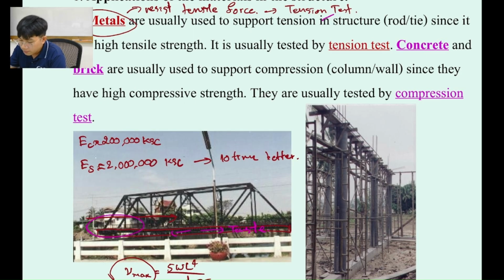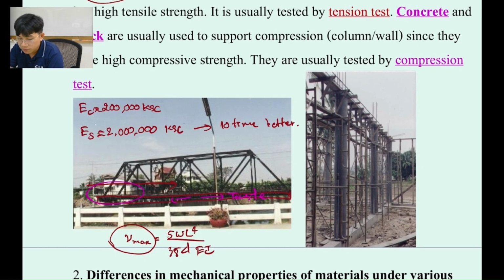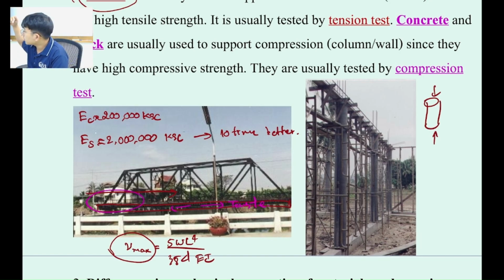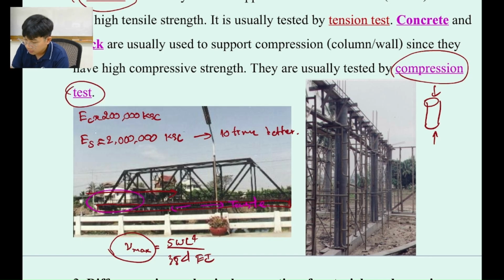And for compression, it's going to be really straightforward. It's going to be for members that resist axial load, for example columns like that, and then you have walls that also resist some vertical loads. That's why we test for compression, like columns or walls, because of their material that can resist a lot of stress.